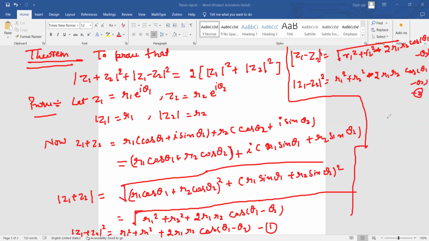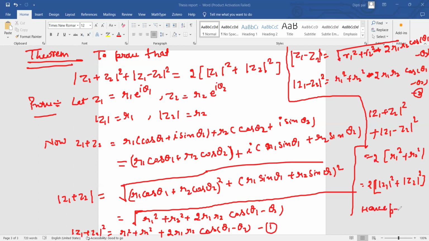On adding these two, we get modulus of Z1 plus Z2 whole square plus modulus of Z1 minus Z2 whole square equals twice of R1 square plus R2 square. And R1 square is modulus of Z1 square, this is modulus of Z2 square. Hence proved. So it is enough for today. We will continue tomorrow.